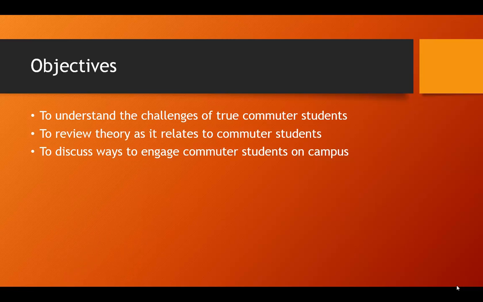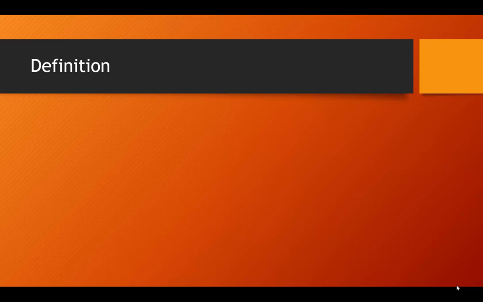So I use the term true commuter students because there's a difference between a residential commuter and a true commuter. A residential commuter is one that lives within the surrounding area, typically within walking distance of campus, and they're going to experience a college or university in a very similar way as a traditional college student living on campus will, because they're still within the proximity of on-campus living.